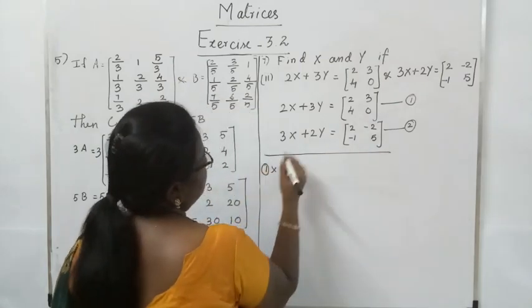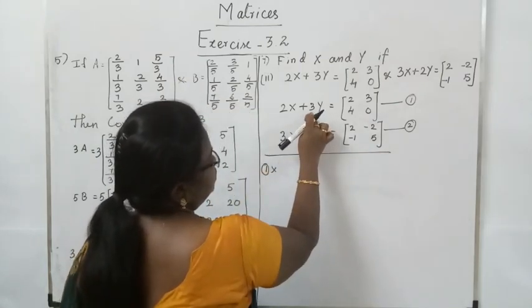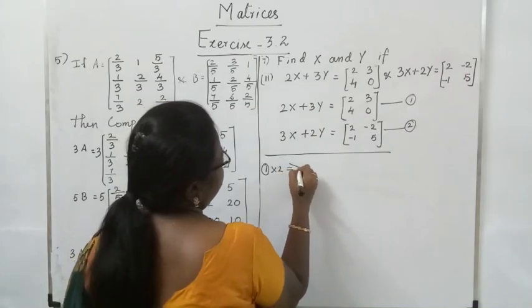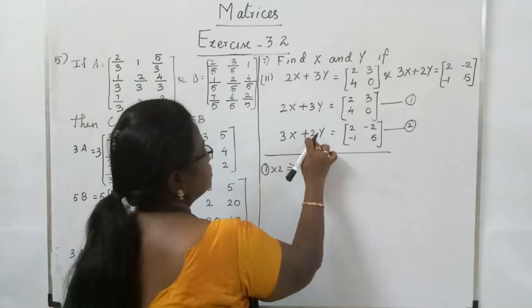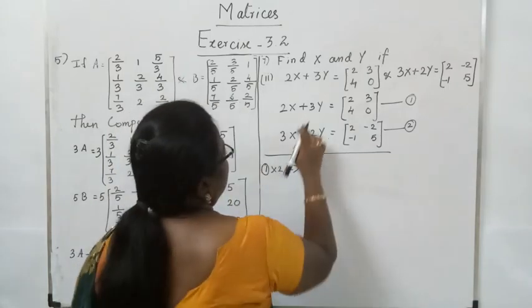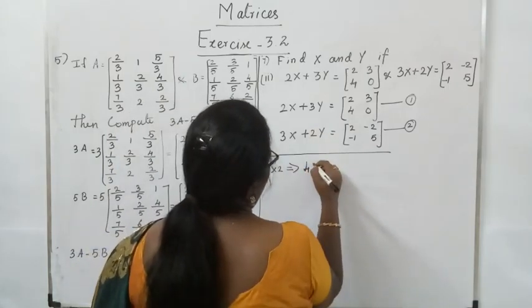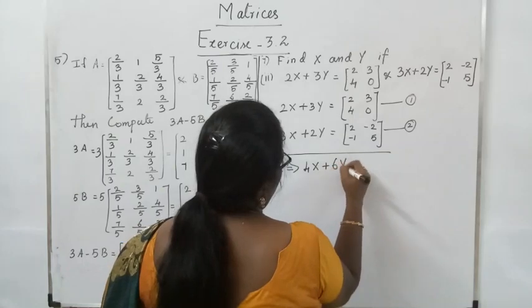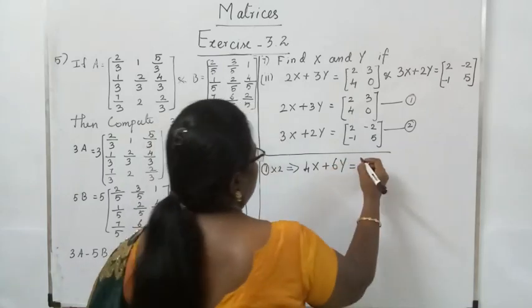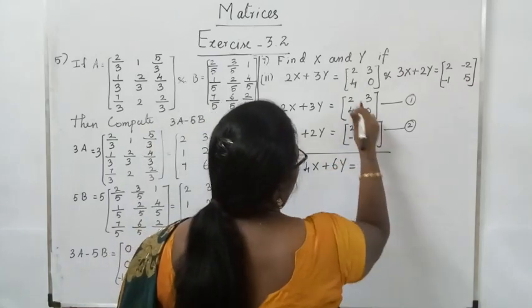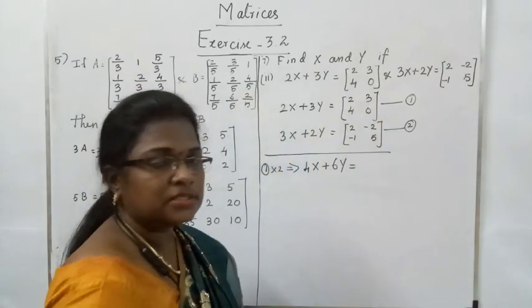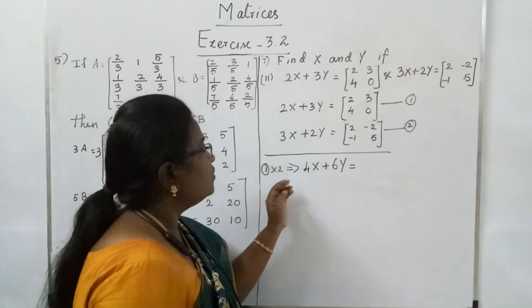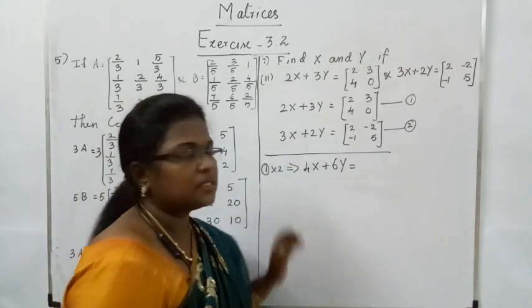With this one I am going to multiply by 2, so I will get 6 over here. This I will multiply by 3, and I will get 6 over here. So 4x plus 6y is equal to 2 times this matrix. That is a scalar multiplication. If it is scalar multiplication, each and every value has to be multiplied by the scalar.